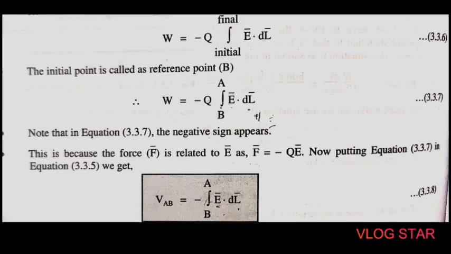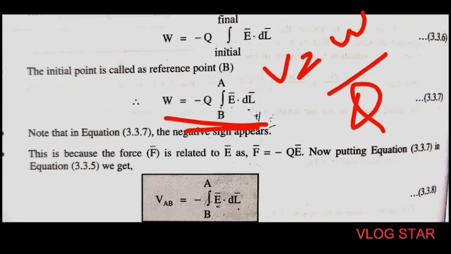Then we get W is equal to minus Q integration from B to A of E bar into dl bar. So we can write V is equal to W upon Q. If we shift this Q to the left-hand side, then it gives W by Q is equal to the right-hand side as it is.